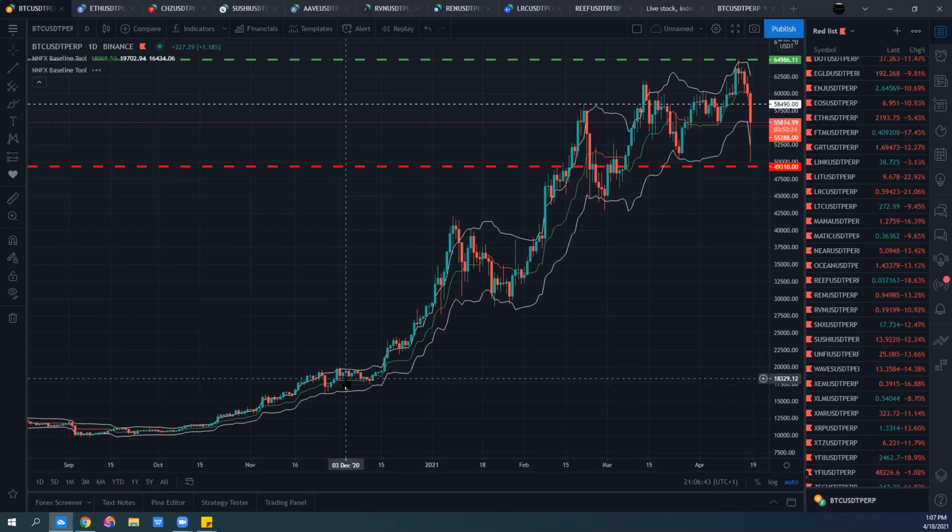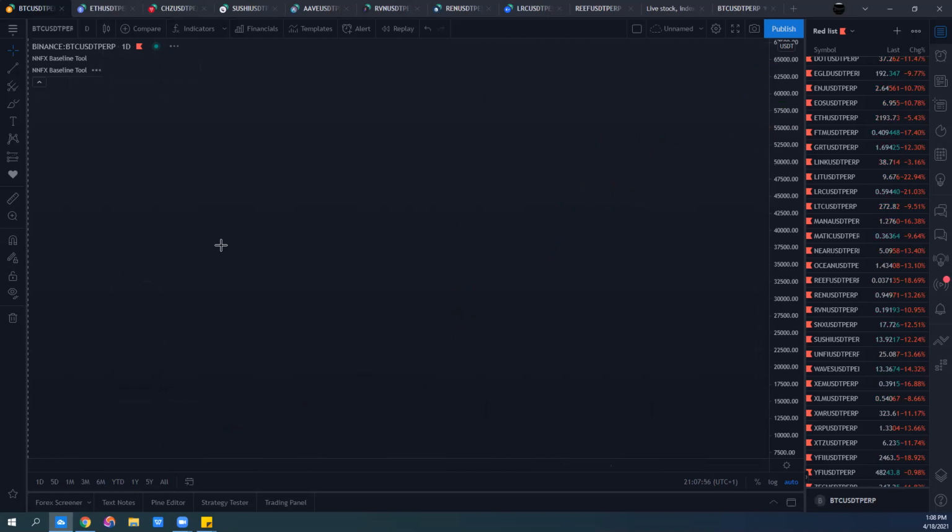There is this line in the Ichimoku indicator. If you know the Ichimoku indicator, there is this Kijun-sen. This line, let me maybe blur the upper and the lower channel, so you'll be able to see the main indicator itself.